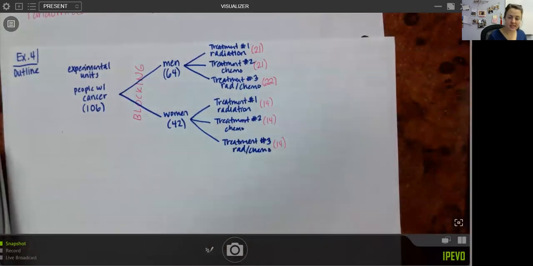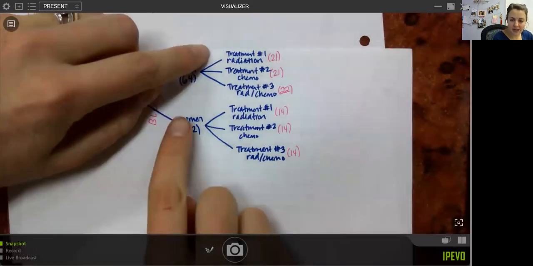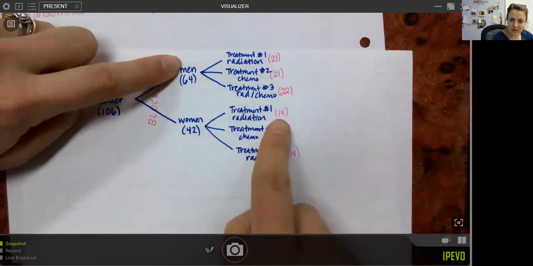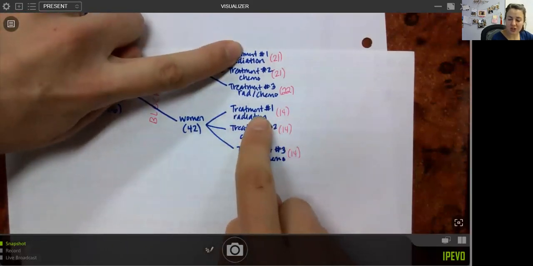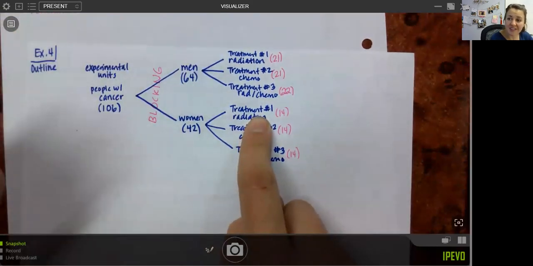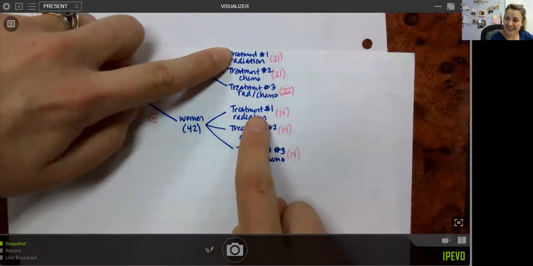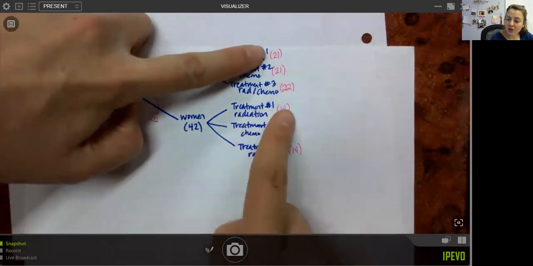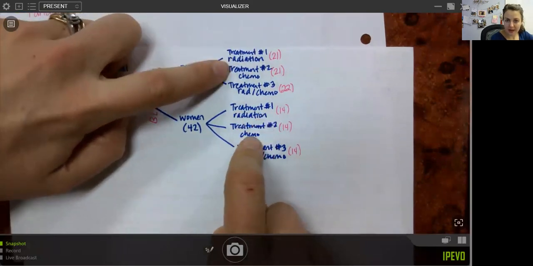Okay. Now I want to just take a second to explain here what's going on. So what's happening here is both men and women, 14 women, 21 men, are both being assigned to radiation. They're still a part of the same treatment group. It's just that they are representing women or men, okay? But they're still together representing the radiation group, okay?